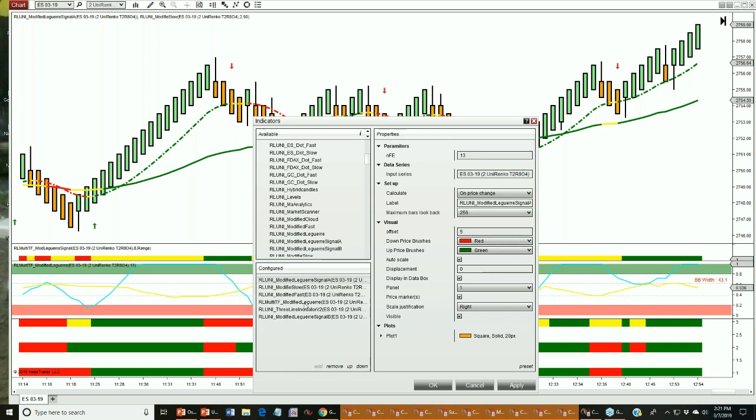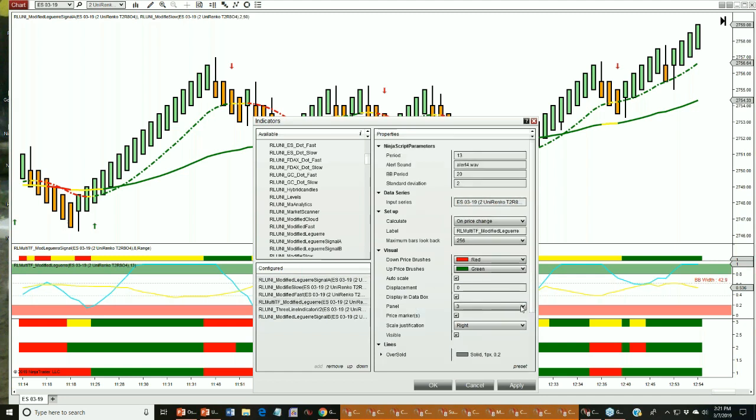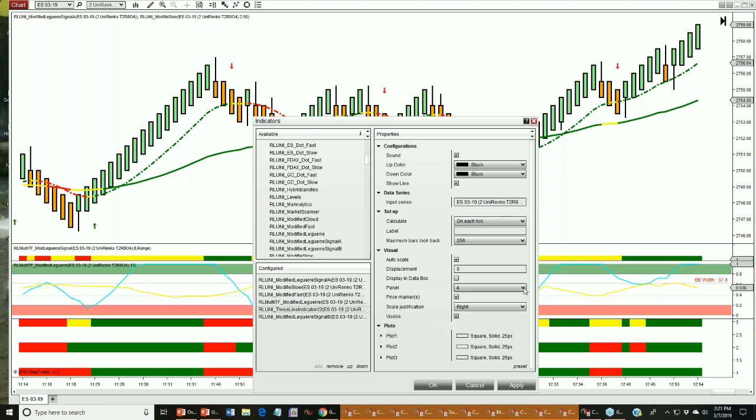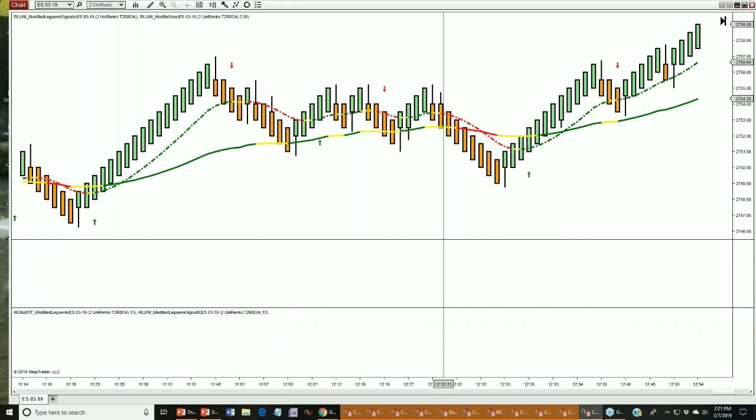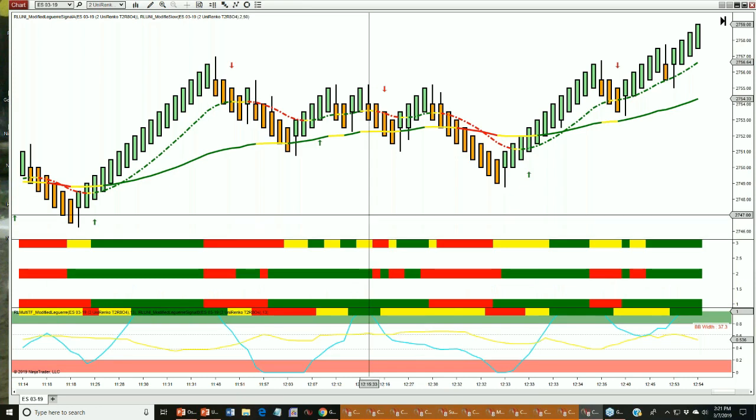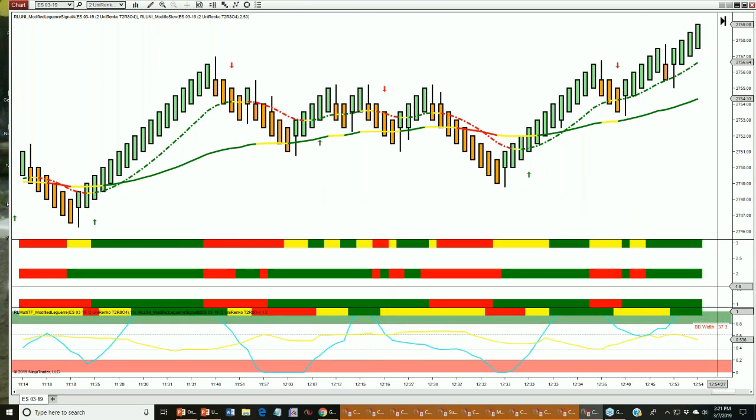No, I'm sorry. That goes into panel 4. And our 3 line is going to go into panel 2. And hopefully I got it. And I do. Now let me just separate this out.